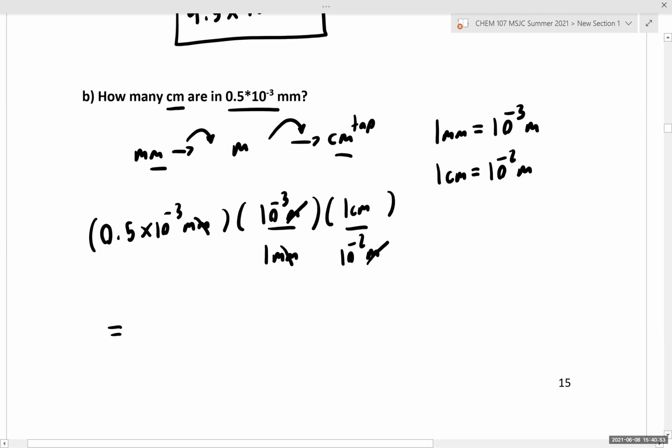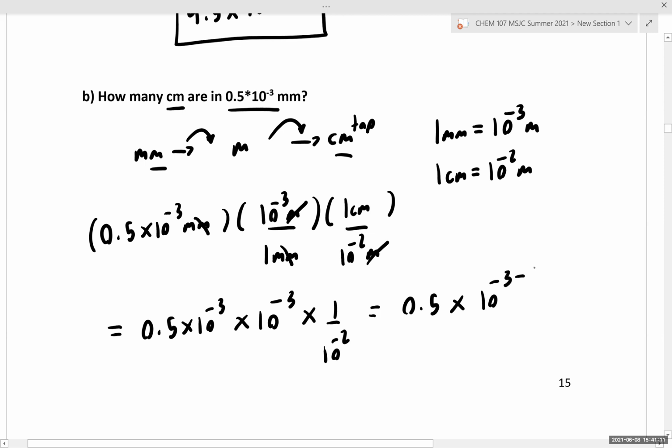And now all we have to do is compute out our powers of 10. So we have 0.5 times 10 to the negative 3rd times 10 to the negative 3rd times 1 over 10 to the negative 2nd. So that gives us 0.5 times 10 to the negative 3 minus negative 2, which is plus 2.